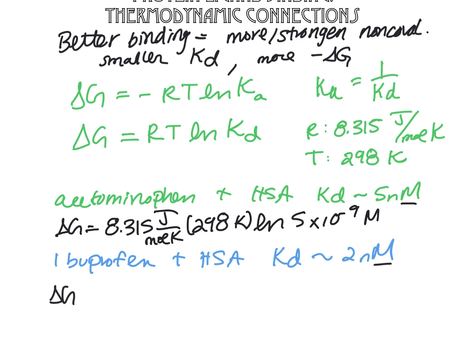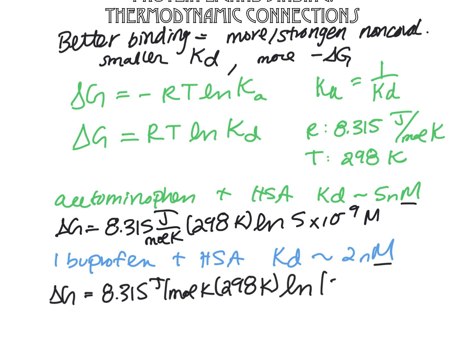And then this one would be delta G, 8.315 joules per mole Kelvin, 298 Kelvin, times the natural log of 2 times 10 to the minus 9 molar. Another thing that you'll notice is that this Kelvin and this Kelvin will cancel out in both. So your final units on delta G should be joules per mole. Okay, so let's do that calculation.